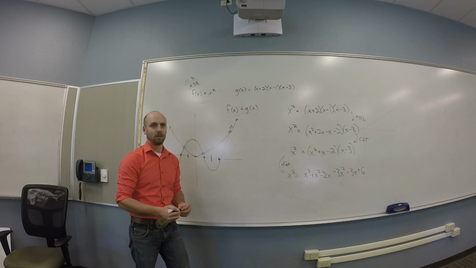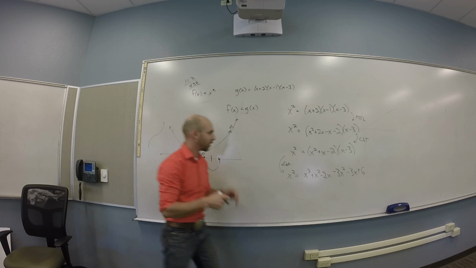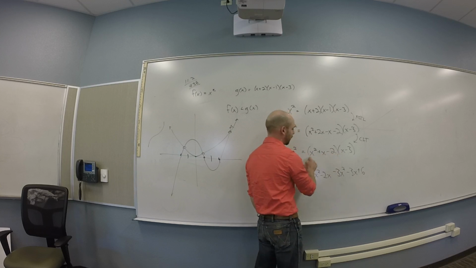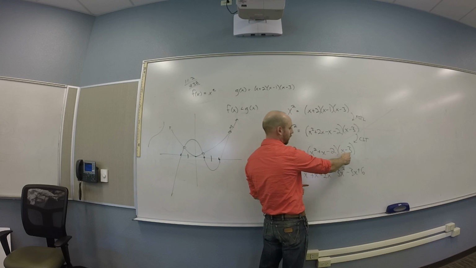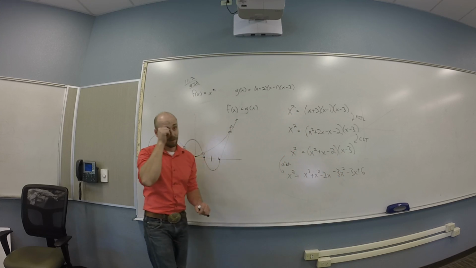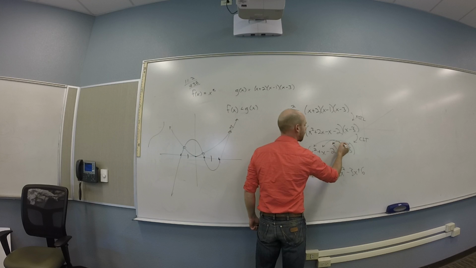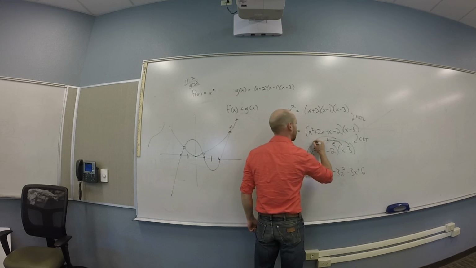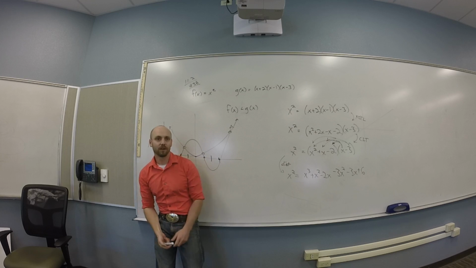And then combine like terms. Is anybody confused about where I got any of that? Okay. I took the x and distributed it onto this stuff, so that got me my first 3 terms. And I took my negative 3 and multiplied by all that stuff, and that's where I got the rest. I'm distributing this thing and this thing, and I just need to make sure I account for all the 6 terms.